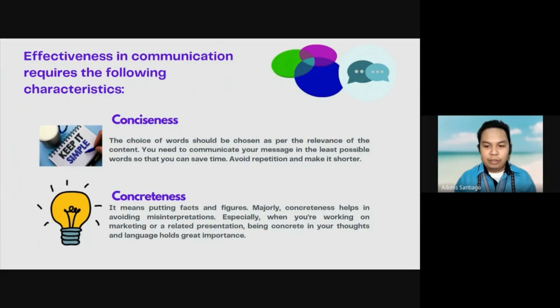So, this concreteness helps us in avoiding misinterpretations because you have sources for the things that you're trying to say. Especially when you're working on marketing or related presentations, being concrete in your thoughts and language holds great importance. It also adds to your credibility, for you to become believable to your audiences.